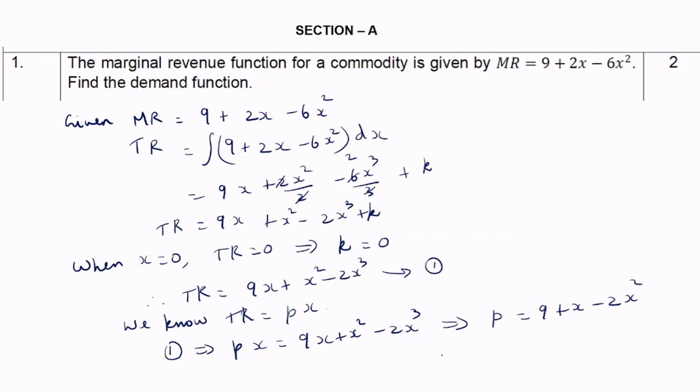So this is the demand function. So here up to finding the total revenue it carries 1 mark and finally finding the demand function it carries 1 mark. So this question is for 2 marks.